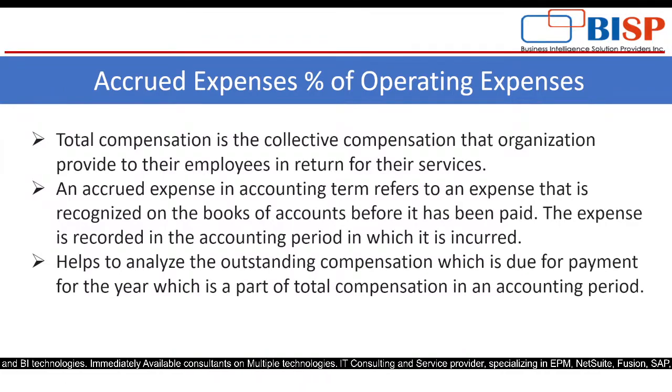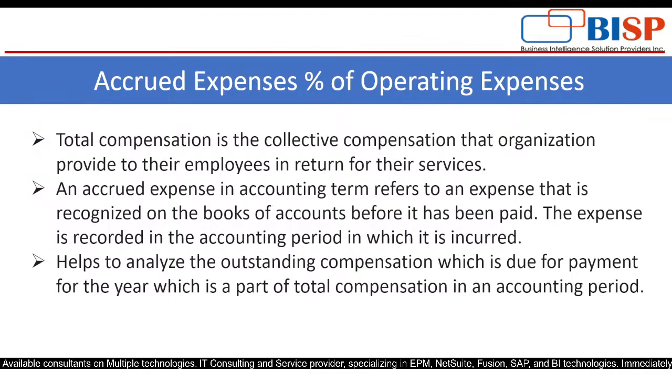Now we have the accrued expenses percentage of operating expenses. The accrued expenses in accounting terms refers to an expense that is recognized on the books of accounts before it has been paid.